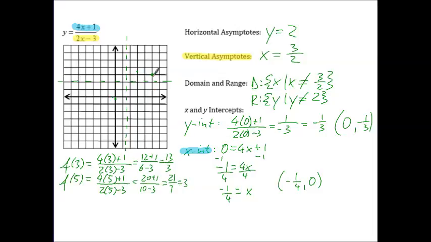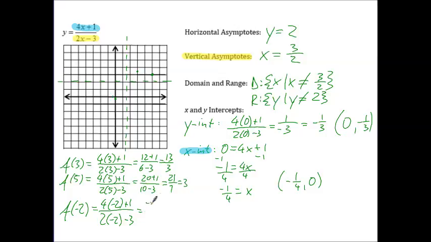This is our point. And since these points on the right are a little close, let's find the y coordinate for an x value on the left, closer to the horizontal asymptote. I'm going to pick -2. So f of -2 is equal to 4 times -2 plus 1 over 2 times -2 minus 3.